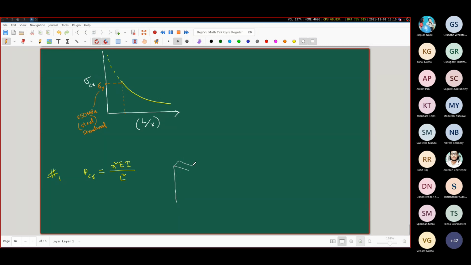Your column is like this. Suppose it has a rectangular cross section, something like that.